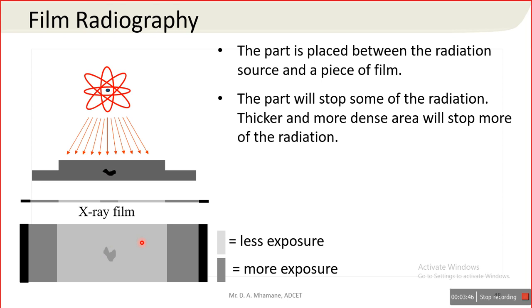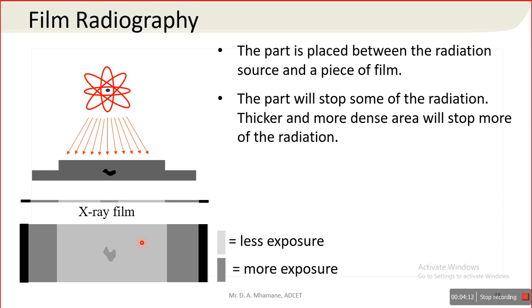If you consider the principle, it is very simple: radiation enters the material and is absorbed by the material itself. Absorption level depends on the thickness and density of the material. And suppose there is a cavity or discontinuity within the material.